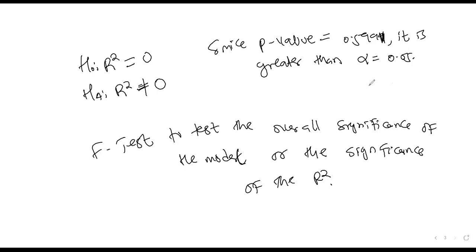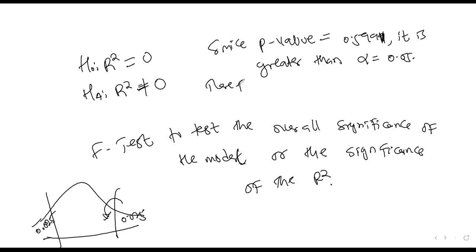Because if you are going to draw this, here 0.025, 0.025, anything more than 0.025 will come into the acceptance region. So that's why we accept. So it is greater than 0.05. Therefore, we fail to reject, which is the same as saying accept.